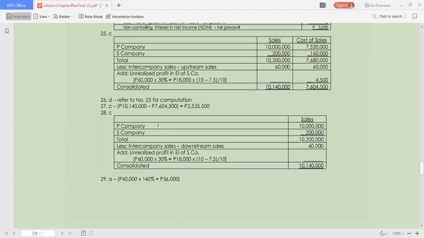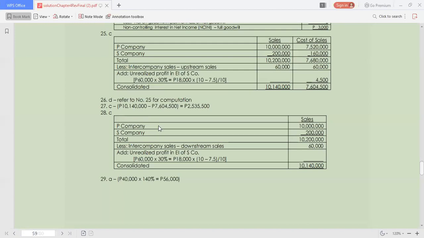So Patty is the parent, so it's more of a downstream sale. So we have now the unrealized profit in the ending inventory of Shannon. So we have 60,000 and we multiply it by 30%. As stated, at the end of the year, Shannon still possesses 30% of this inventory.